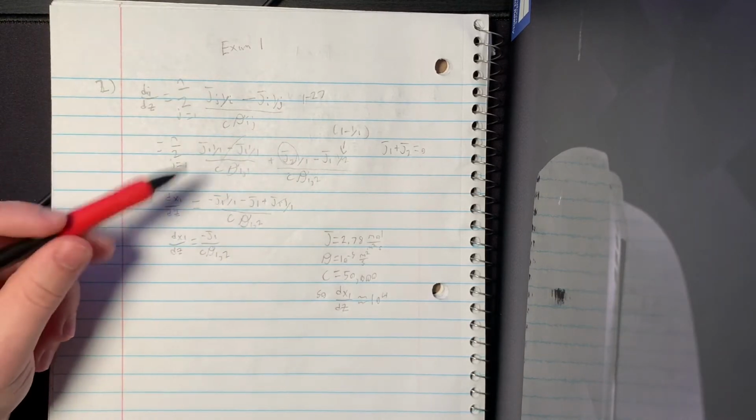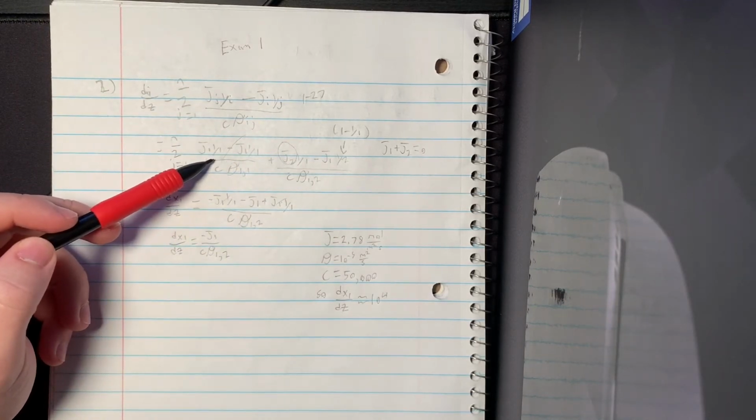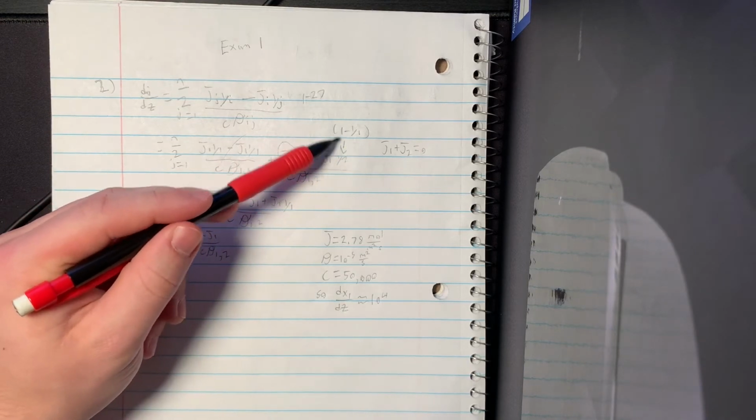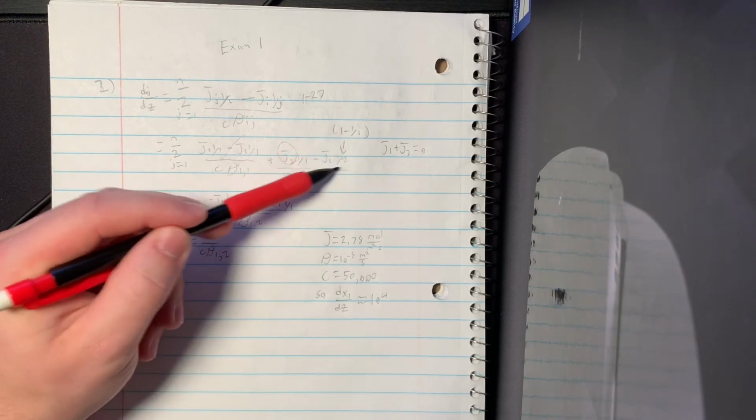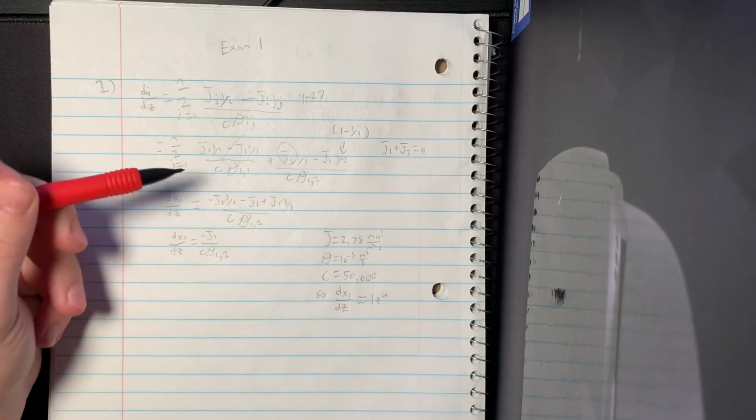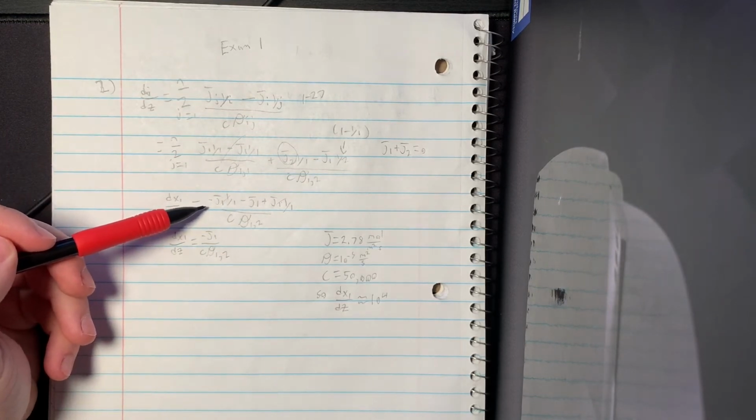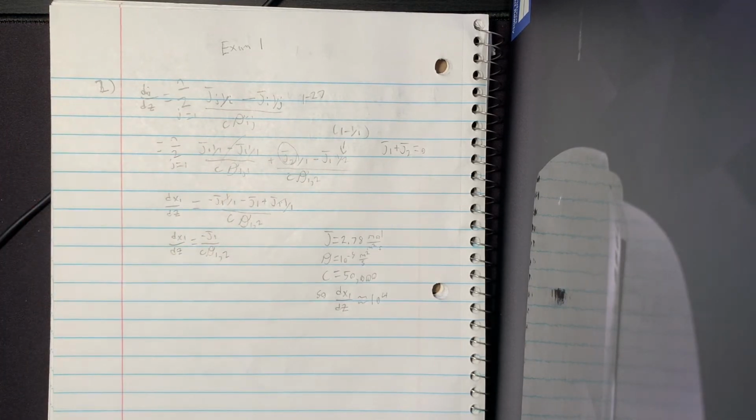And because the components have to add up to be equal to 1, we can again rearrange the equation to substitute out this y2. When this goes away, we're left with the negative J1y1 minus J1 plus J1y1.